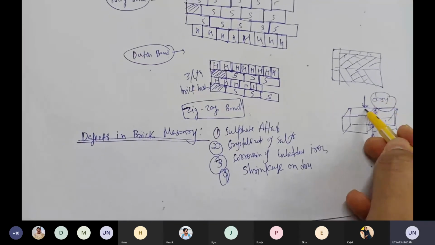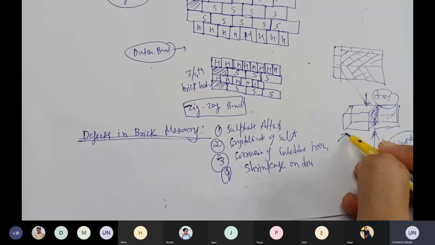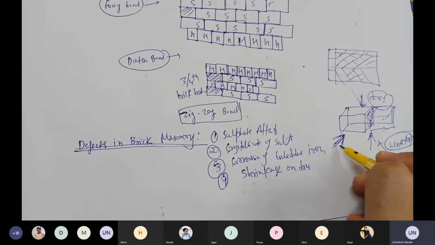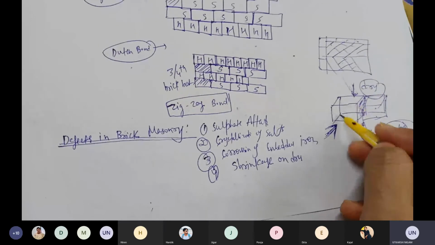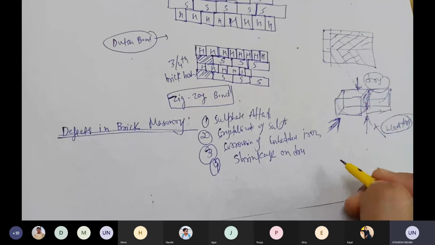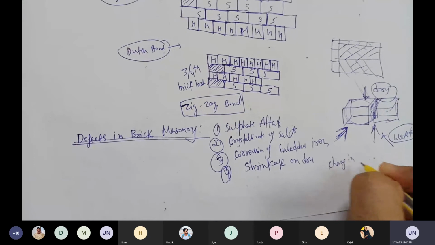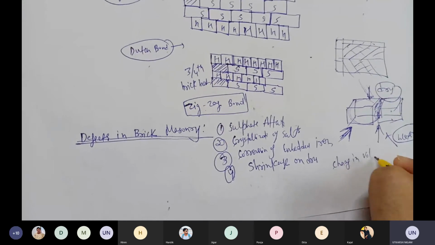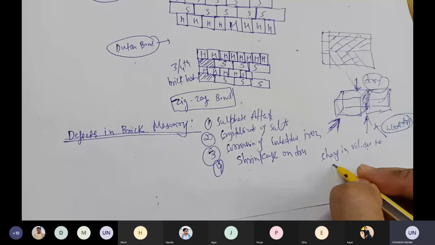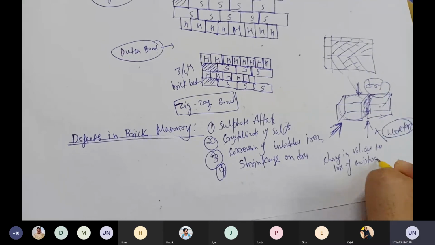After drying, when moisture is lost, the shape may be changed a little bit from the original dimension. So change in volume due to loss of moisture is known as shrinkage.